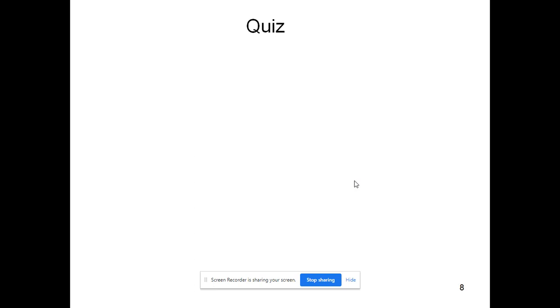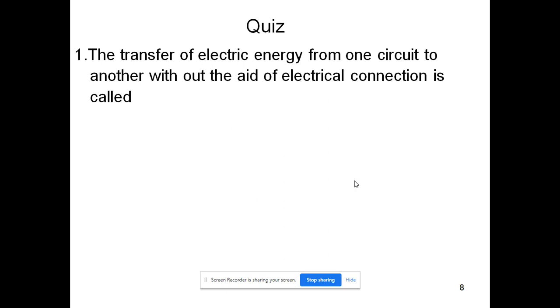Let us see a small quiz on this PPT. The transfer of electrical energy from one circuit to another without the aid of electrical connection is called as induction. This is the most important bit.